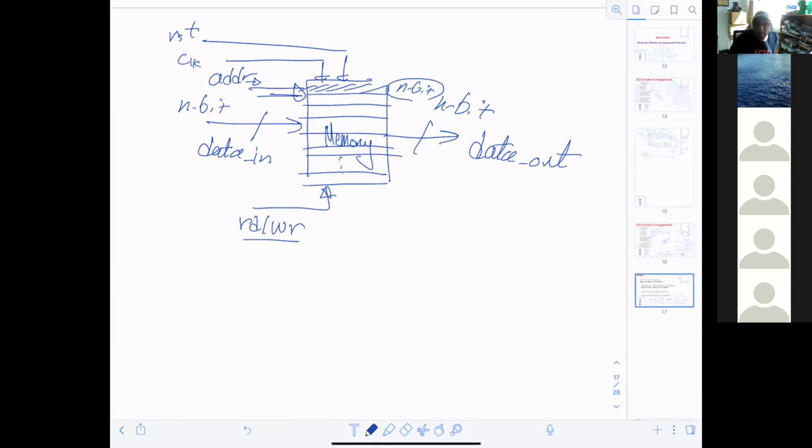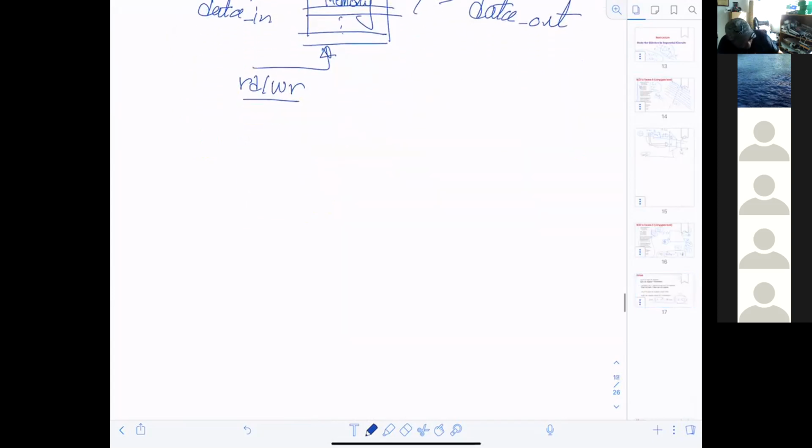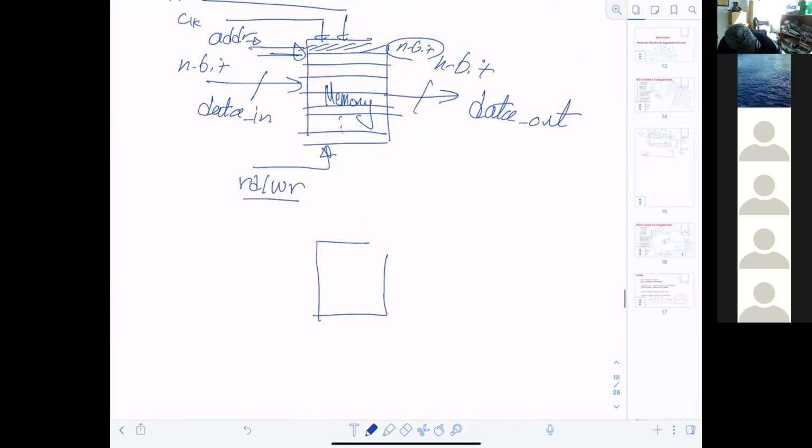Are you guys following me? No. So one way I can design my memory is like this. If read-write is equal to 1, that means this address bus is helping this input go inside the memory. While if this turns to 0, the address bus will be pointing to which data will go out.